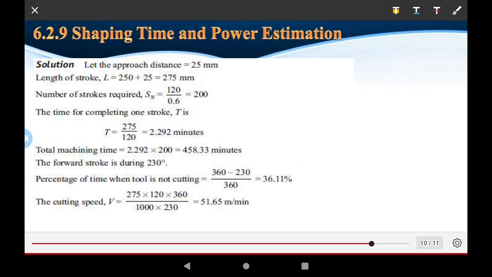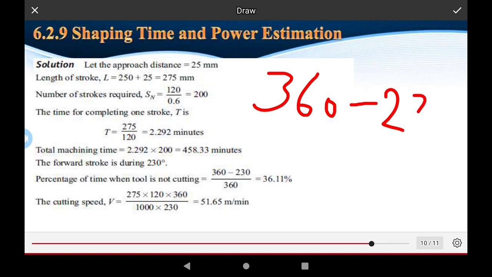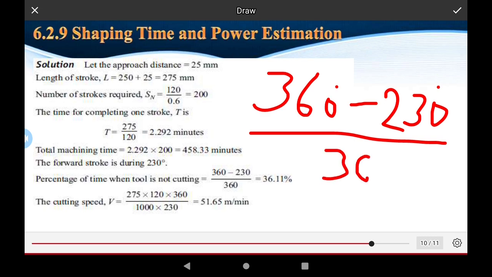The total angle is 360 degrees, minus the angle required for cutting, 230. Putting in the values, total angle 360 minus 230 degrees, upon 360 degrees, gives the percentage 36.11%.